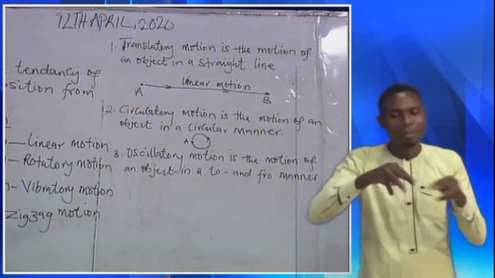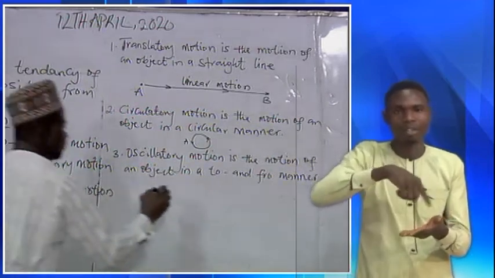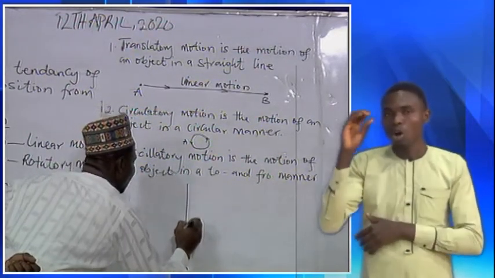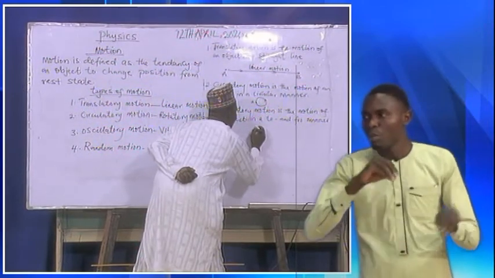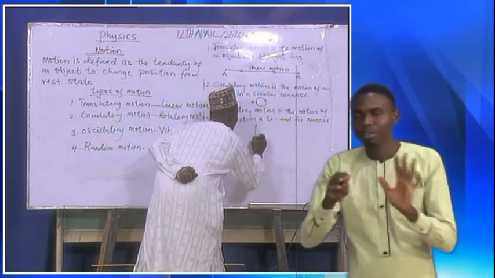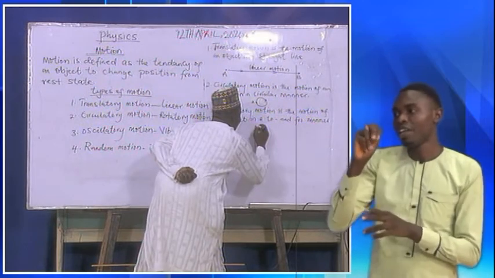Now, oscillatory motion. Oscillatory motion is the motion of an object where its acceleration is directed.